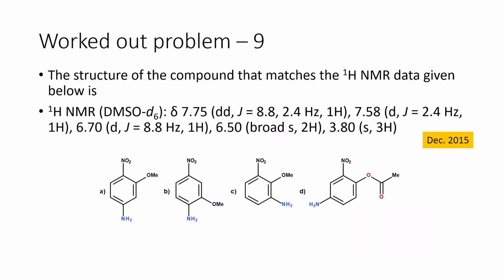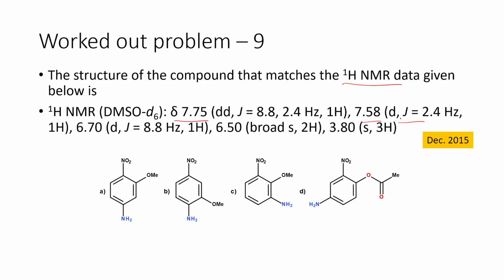So here the structure of the compound that matches the 1H NMR data given below is, the NMR values are given. These are recorded in DMSO-d6, and the first value is 7.75, a doublet of doublet with the 2 coupling constants given, 8.8 and 2.4 Hertz, for 1 hydrogen atom. The second one appears at 7.58 ppm.